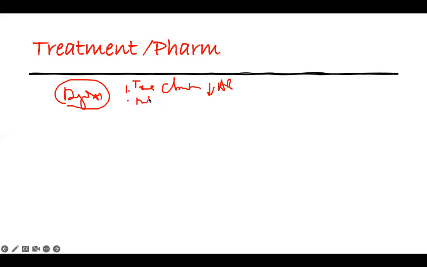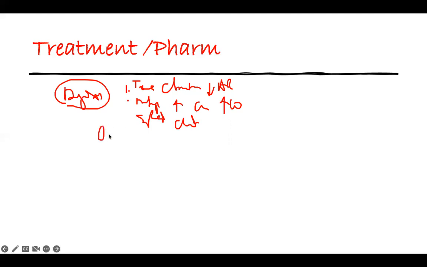It is inotropic. It helps with contraction, so it increases your cardiac output so your heart can pump. It increases the contraction, inotropic, and it slows down the rate with its chronotropic effect.